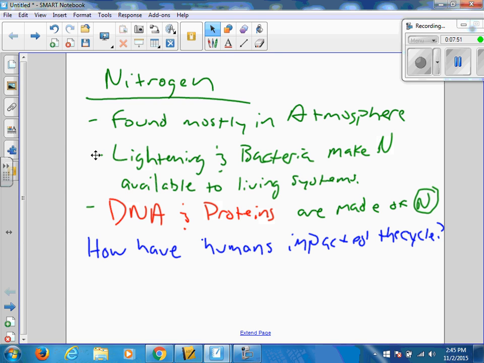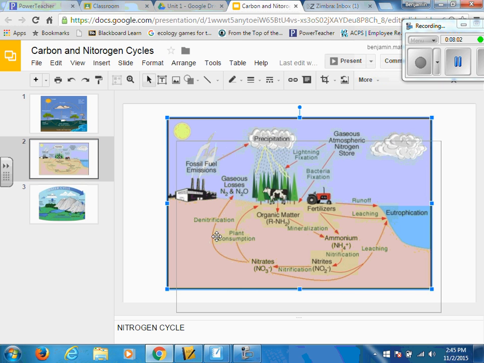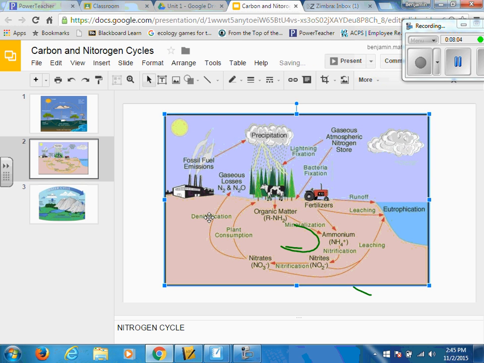Let's go back to the picture here and just take a look at the arrows and figure out what role we've played. Okay, where's the human impact?